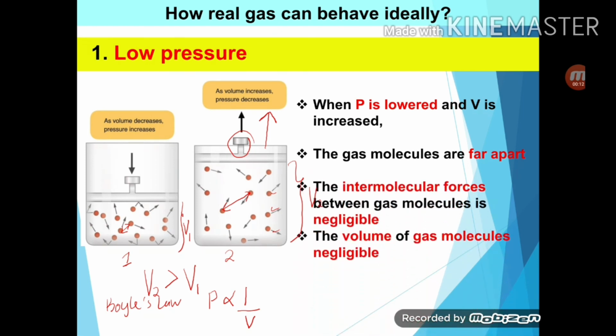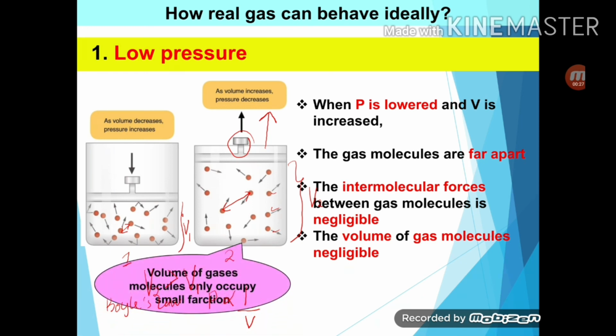So, the intermolecular force between gas molecules is negligible. Okay, and the volume of the gas molecules also can be neglected because the volume of gas molecules only occupies a small fraction compared to the volume of the container. Thus, gas behaves ideally.